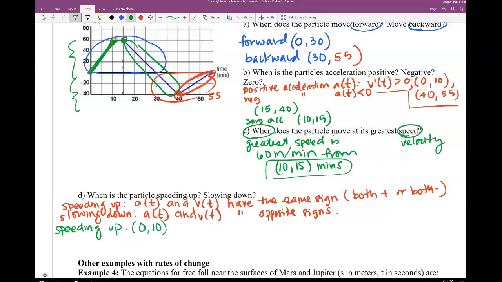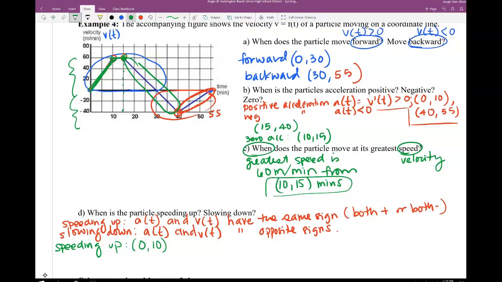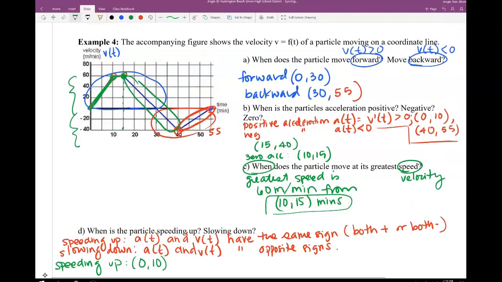And then what's happening right here is that this is the slope of 0. And earlier we said at the slope of 0, we're not doing anything, right? At the slope of 0, v of t is 0, we're changing direction.